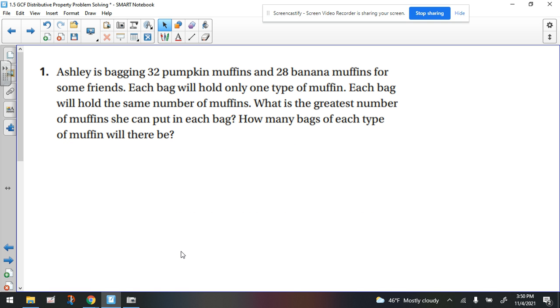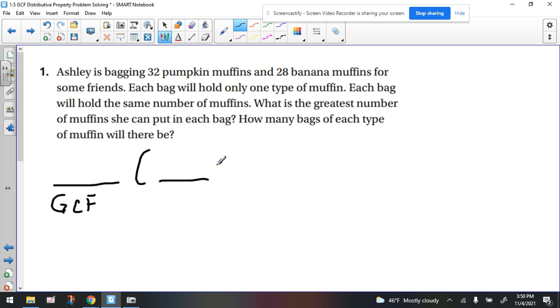So I'm going to put this on Smart Notebook software so we can take a look at it. Let's look at the evidence that we're going to be applying the GCF. So that's the idea that we need to first find the GCF and then know to use the distributive property, something plus something. There's two pieces of evidence.